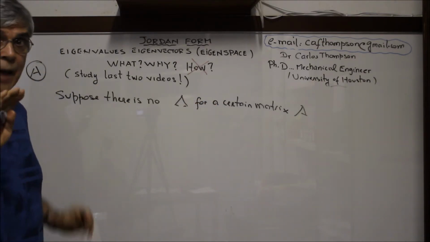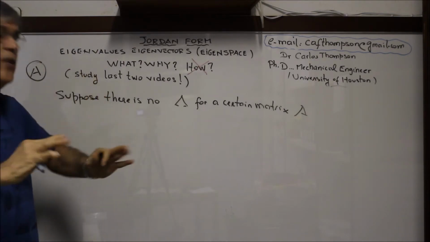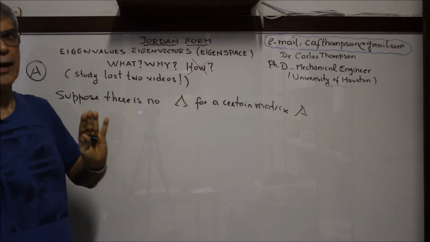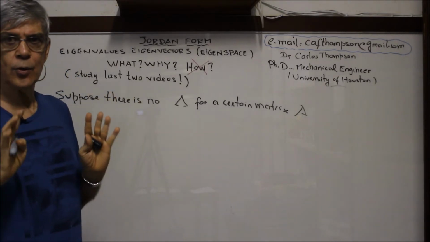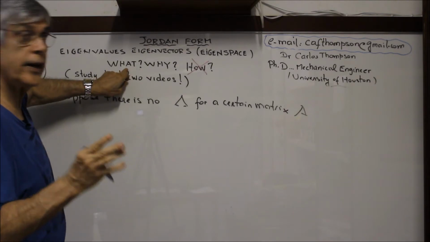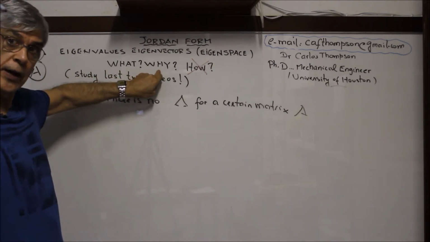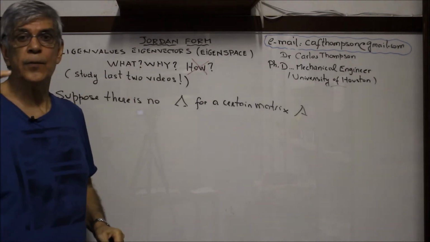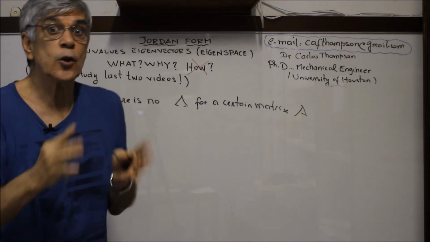I'm trying to emphasize that I'm not calculating the eigenvectors. I have to understand why and what. What I know is the eigenvector. Why? Because if I obtain lambda, see the first video, this will help us to obtain the solution.